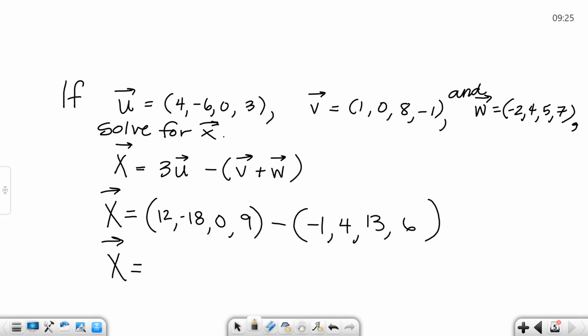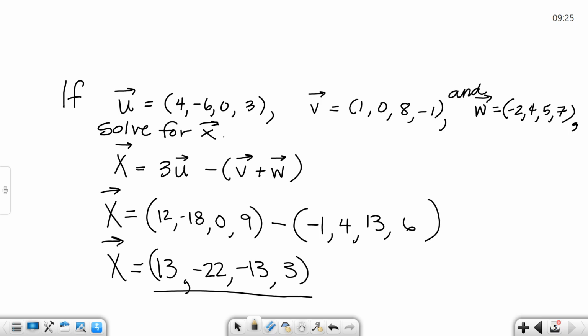So I'm going to get 13, negative 22, negative 13, and 3, I believe. And we'll double check it. 13, negative 22, negative 13, and I did not get the last one.